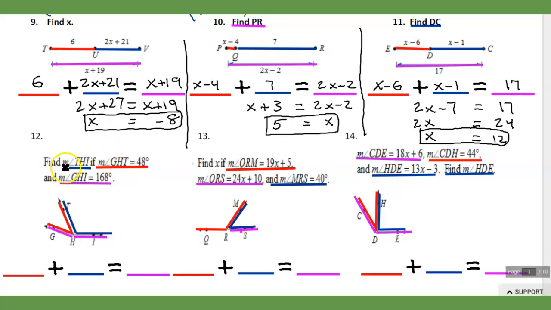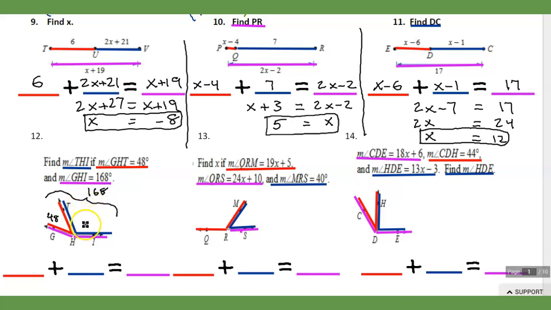Next, let's do the angle addition. You notice I color-coded these ahead of time to make it a lot easier to know where everything goes. So I know I'm trying to find this as my final angle measurement. I know that the red one is going to be 48, and the large angle, the full big angle, is 168.